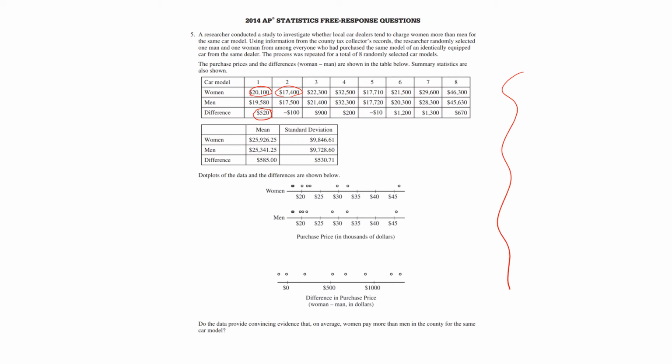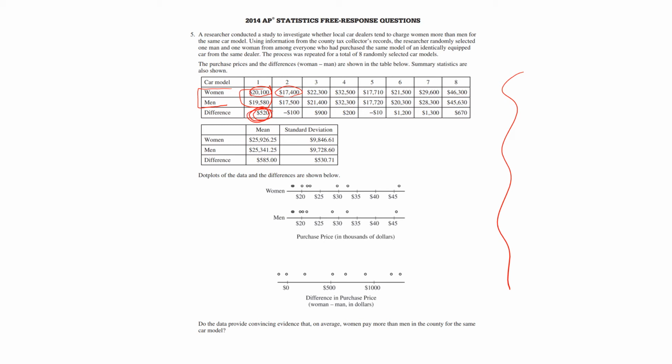So the question is, this woman and this man, are they related? Yes, they are. They were randomly selected from the same car dealer. So these two numbers are related because they came from the same car dealer.